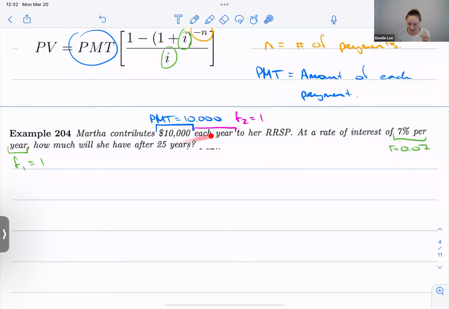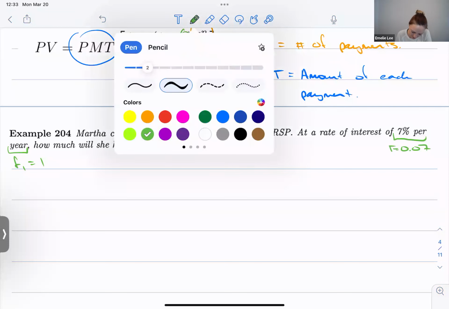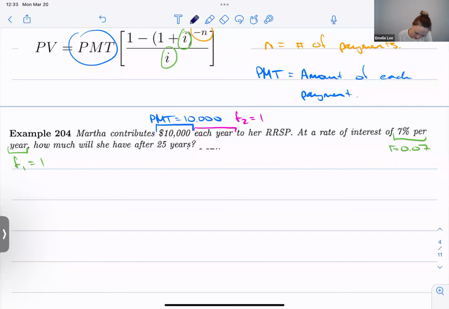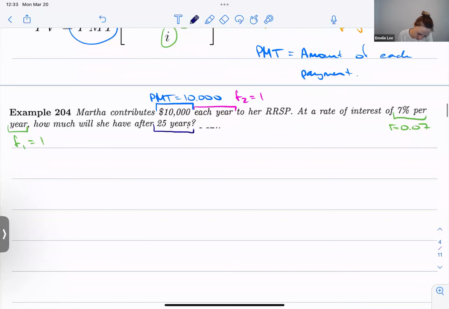In this case, F1 equals F2, so I don't really need to adjust my compounding frequency, but I will, just to go through the motion and to get you in the habit of solving for I2 first. And so then time, how long will she have, or how much will she have? T is 25 years, and we want to find the future value. All right, how much will she have after 25 years?